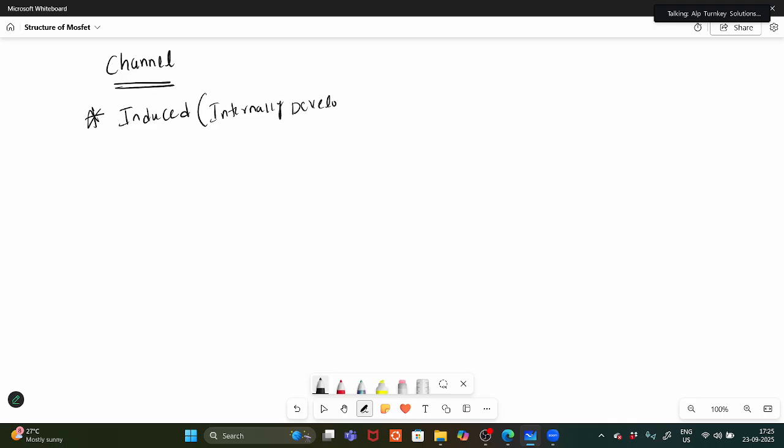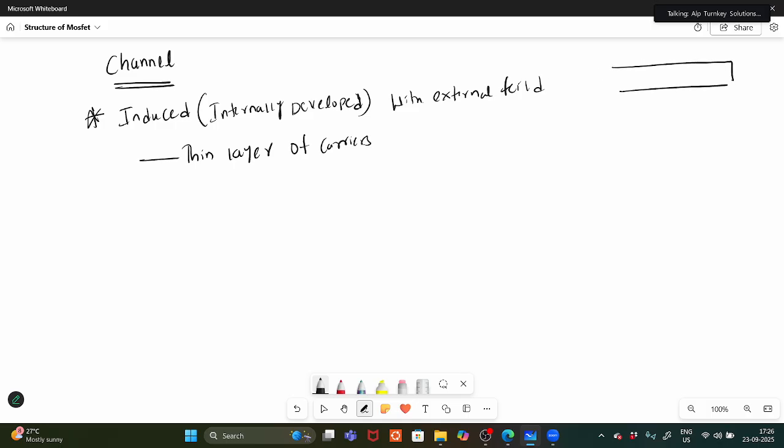Induced means internally developed with some external field. So what is a channel? Channel is nothing but a thin layer. Yesterday I told you, a thin layer of carriers. This thin layer is nothing but the channel.